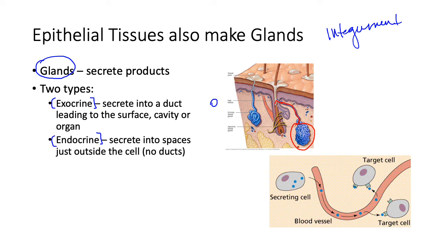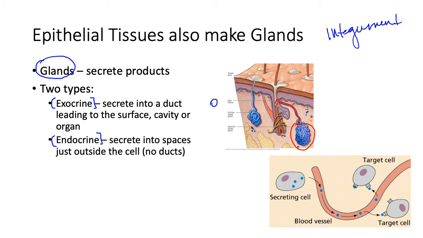So we can directly secrete, say, oil onto our hair follicle, which can help maintain the health of that hair follicle. Again, that can cause irritation, which causes acne in some cases, but this would be considered an exocrine gland. And remember, exo, as in exocytosis, means exit. So you can think that these glands are secreting something that's going to exit the body or exit the place from which it came.